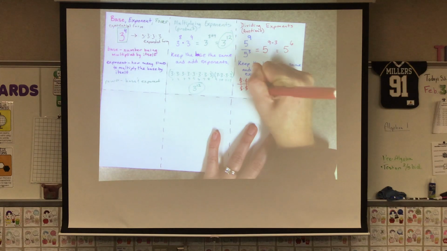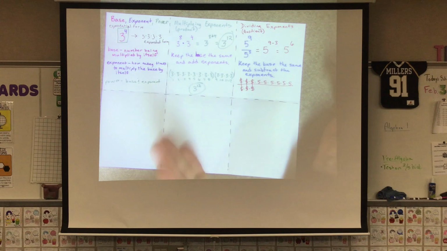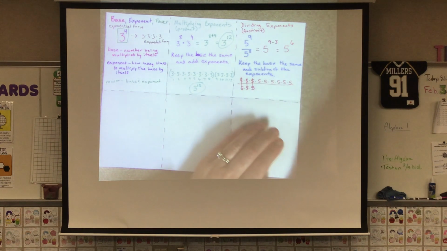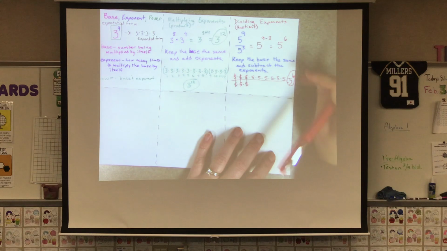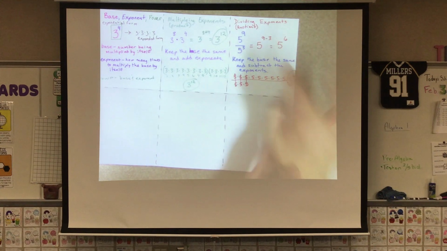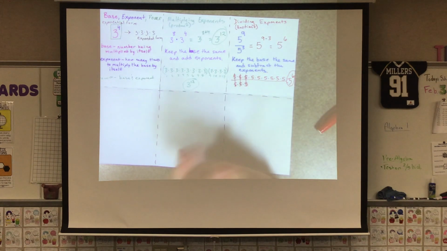So these end up canceling out as 1s, and 1 times 1 times 1 is 1. And then times 5, 6 times is still 5 to the 6th as an exponent. Okay? So notice that even though we wrote it in expanded form, it still came out the exact same way as when we subtracted the exponent, again keeping the base the same.